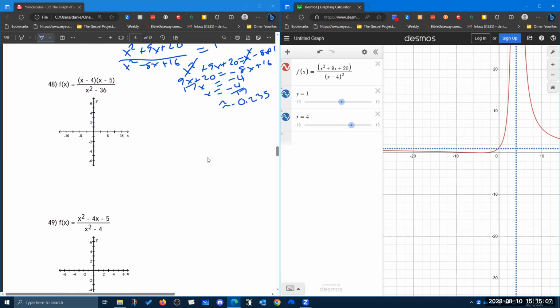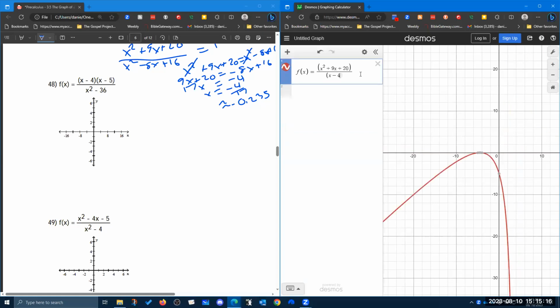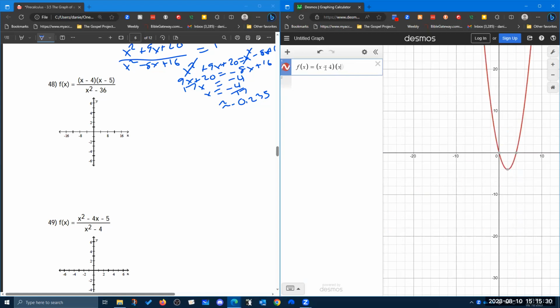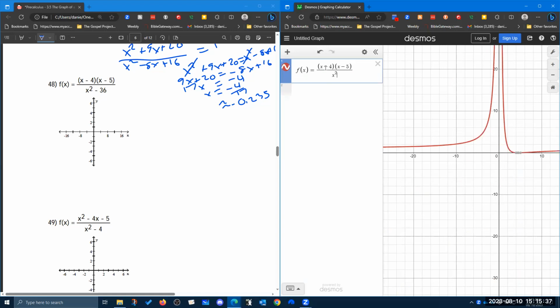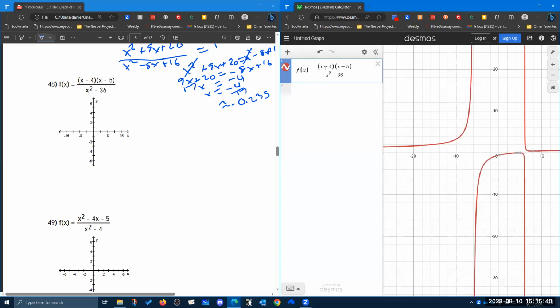Just a few more examples here. We've got x minus 4 times x minus 5 divided by x squared minus 36.